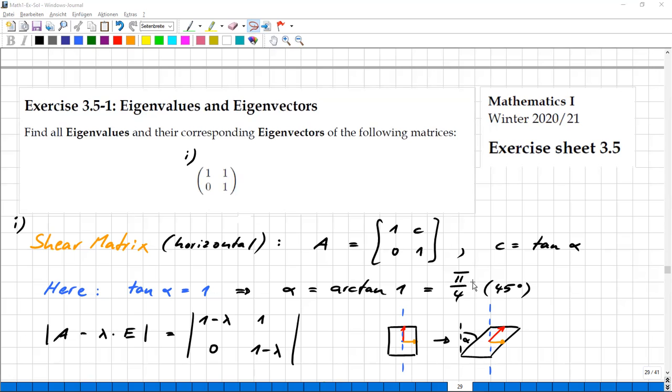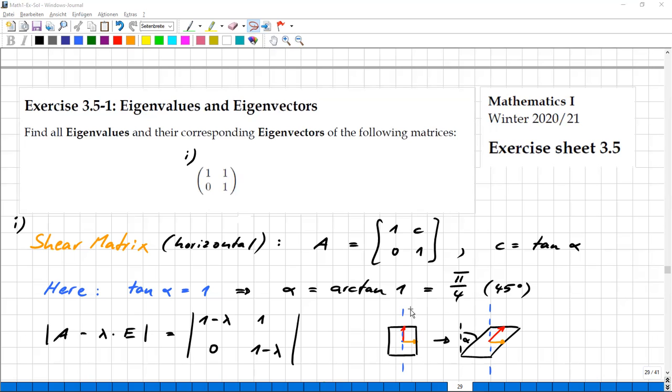So why do I know this? Because it turns out that this is the general form of such a horizontal shear matrix. You can test it by just applying it to a unit vector of this type and one of this type, and then you will see that exactly what I showed you here will happen. We don't have the time now to check it, you just believe me.